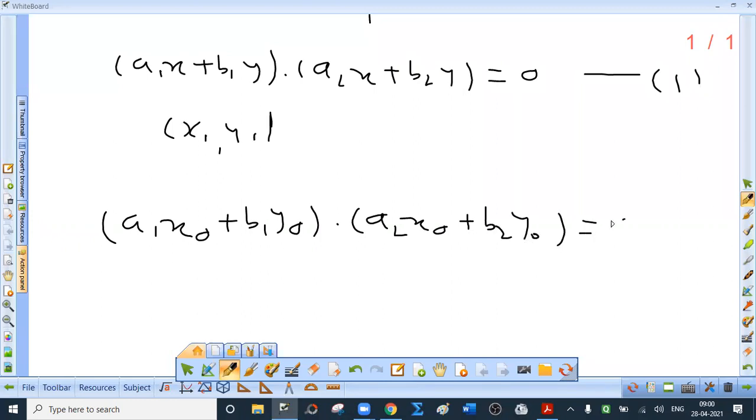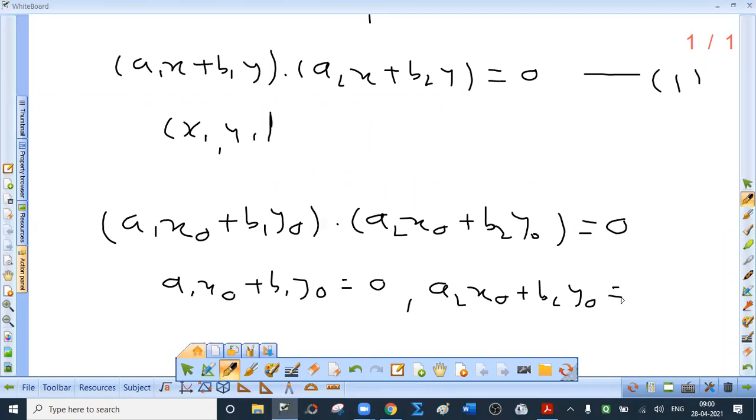Now tell me, if this product is 0, either a1 x0 plus b1 y0 equal to 0 or a2 x0 plus b2 y0 equal to 0. That is, at least one of the two should be 0. Both can also be 0, but at least one of the two should be 0. Is that clear?